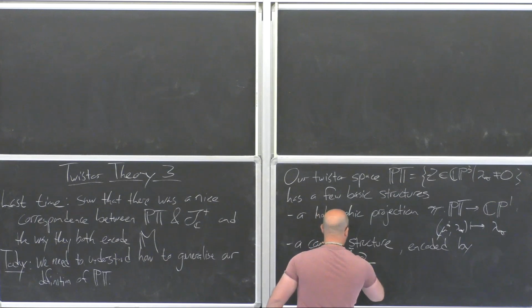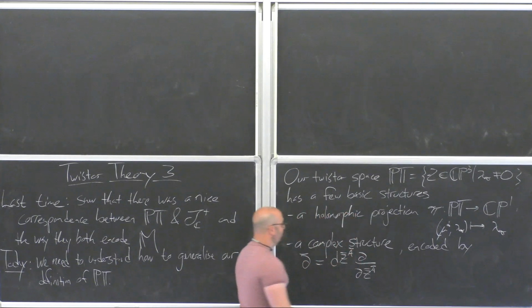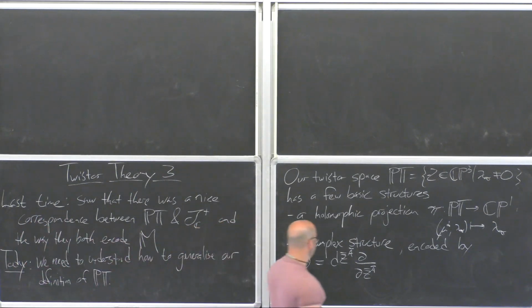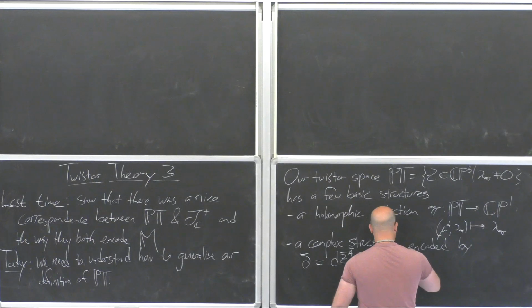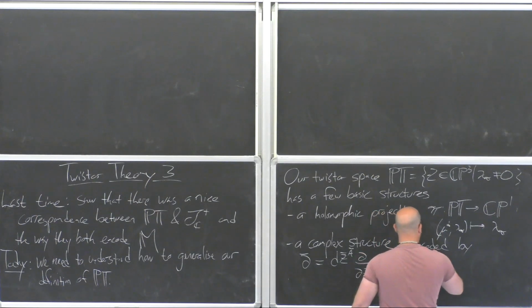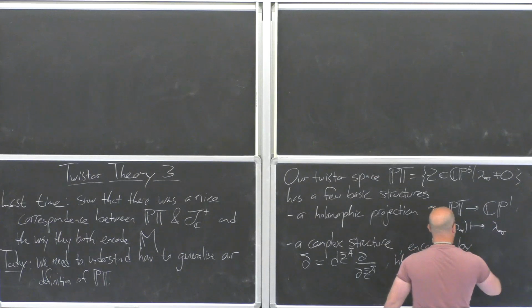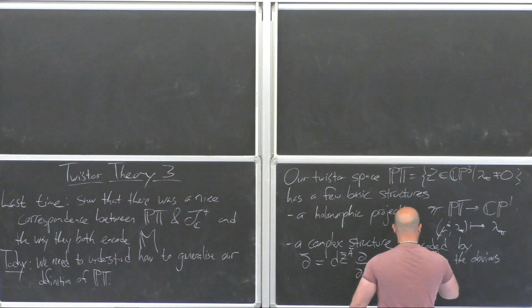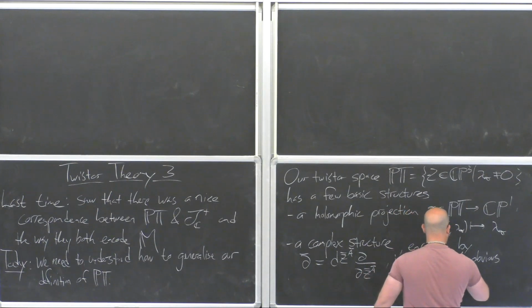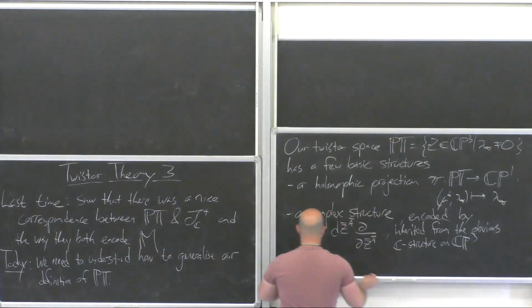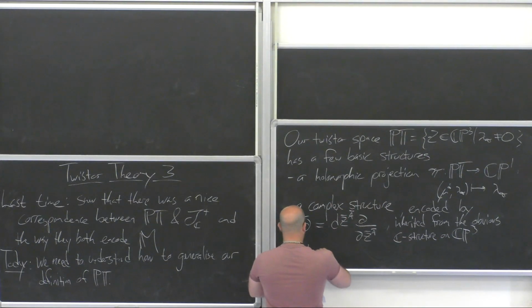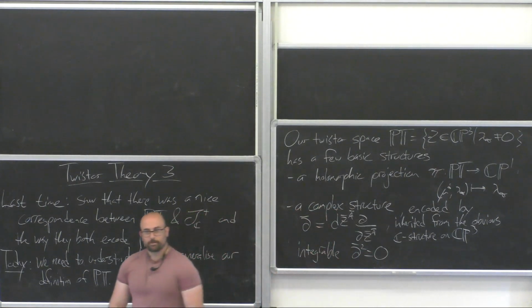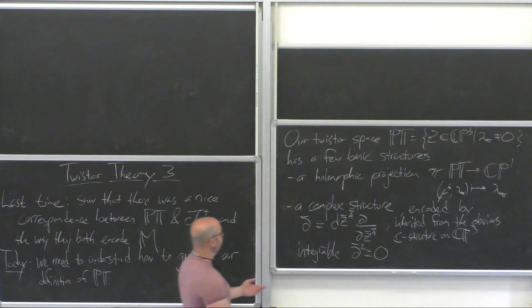So I just take the complex conjugates of my homogeneous coordinates on CP3 and use them to define this Dolbeault operator. So this is inherited from the obvious complex structure on CP3. And it's integrable. So integrable, that's a fancy word for saying d bar squared is 0.